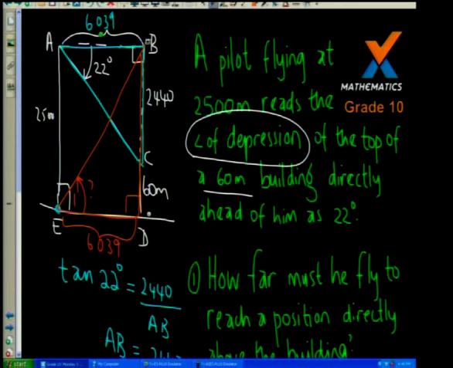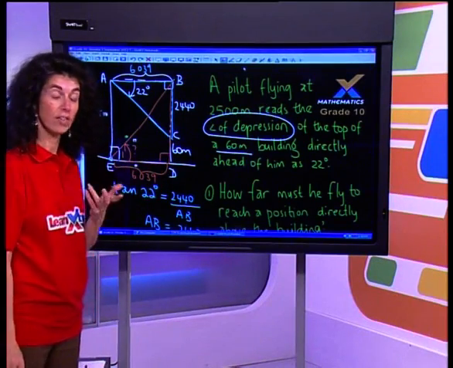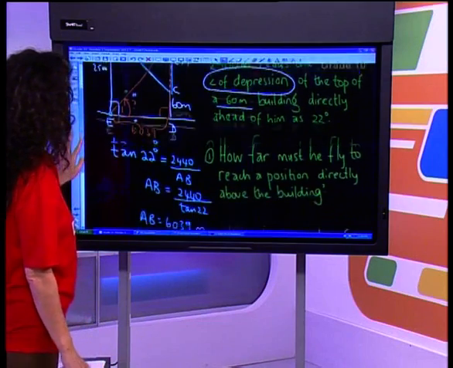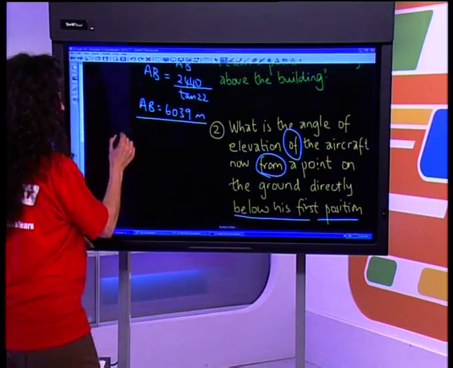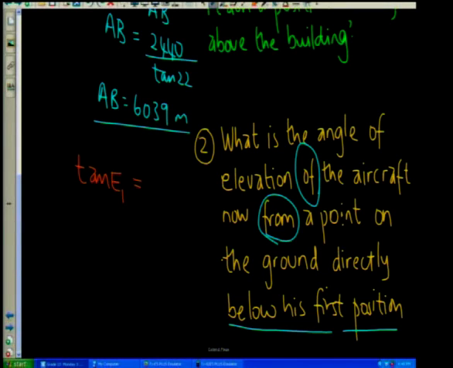And with that, we can find angle E1, because if we look at the angle E1, this length is opposite, this length is adjacent, so we can use the tan ratio. So we've got the tan of E1 would be equal to the opposite over the adjacent, and E1 is now going to be an angle that we are solving for.